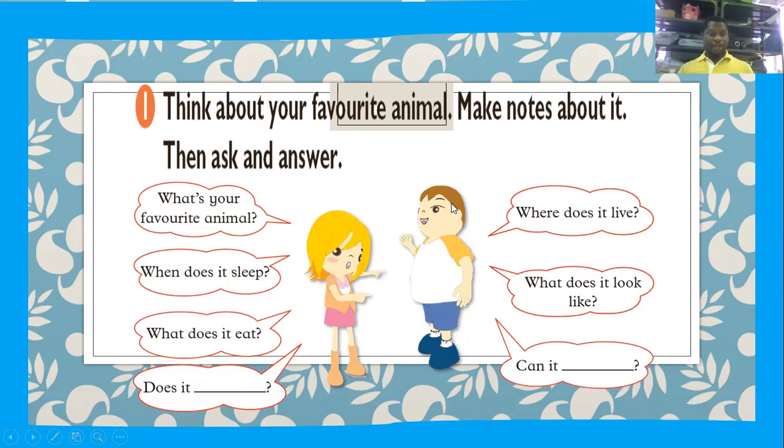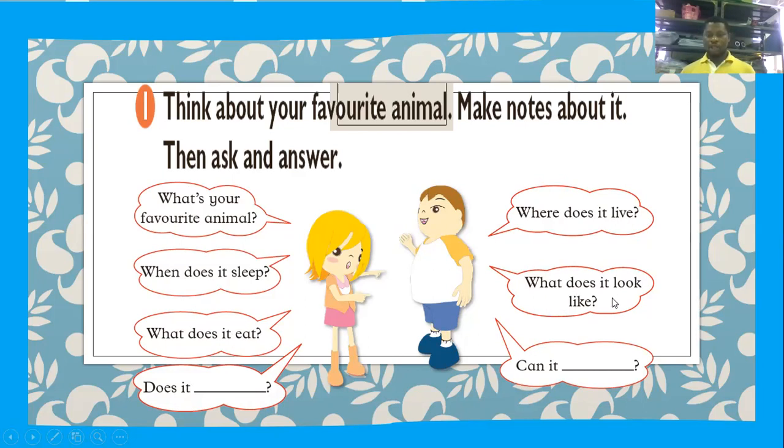So here, let's see, we have an animal here. What's your favorite animal? When does it sleep? What does it eat? Where does it live?